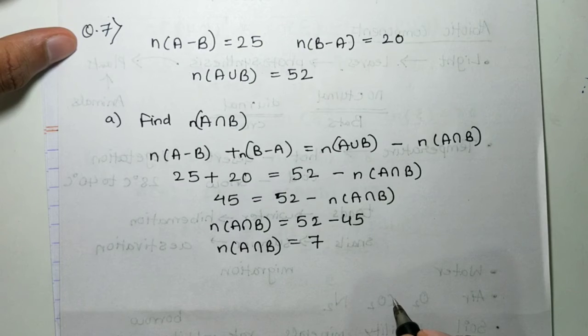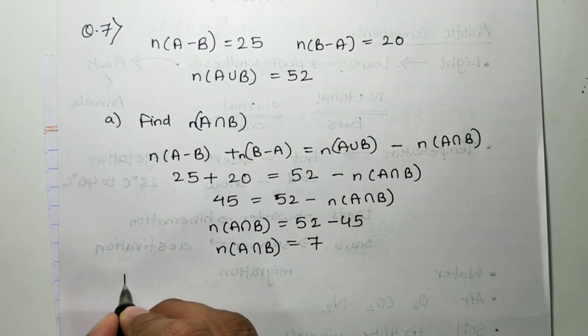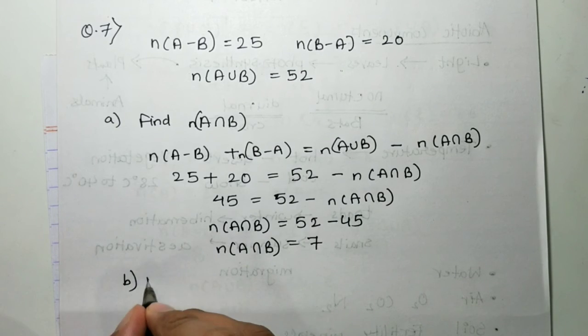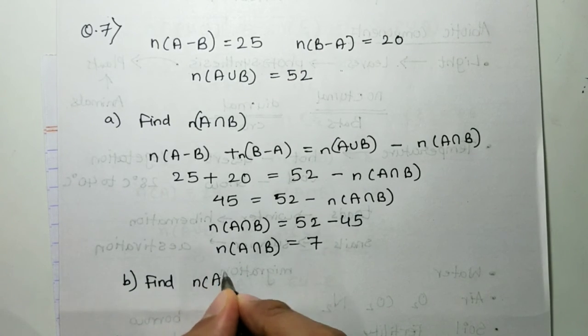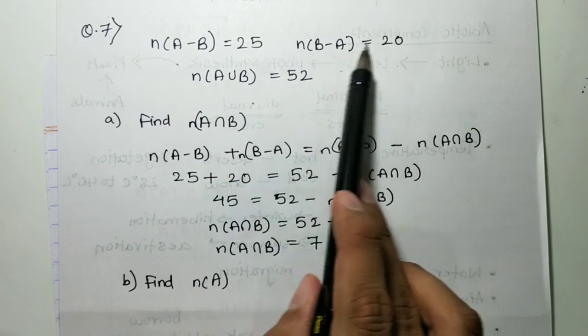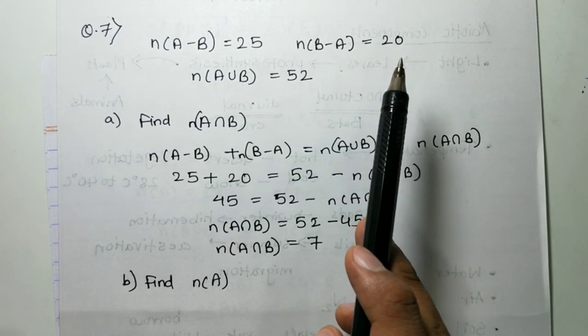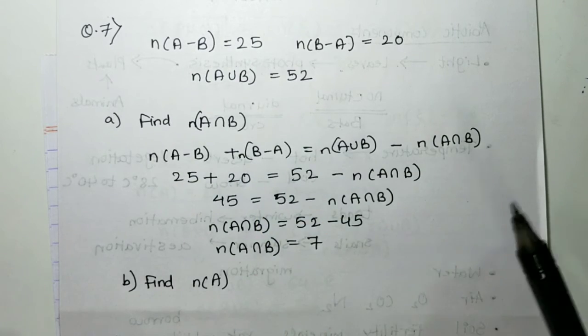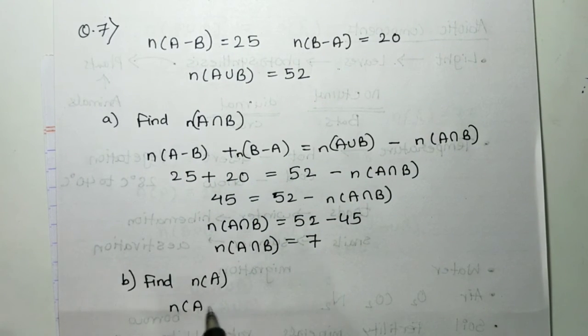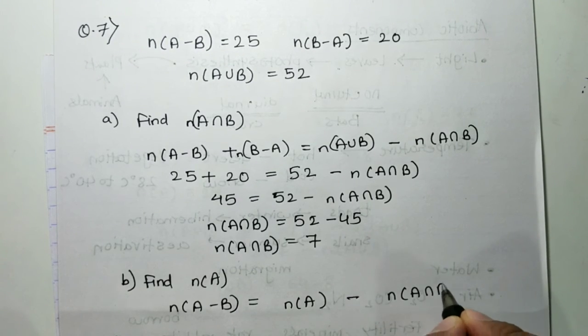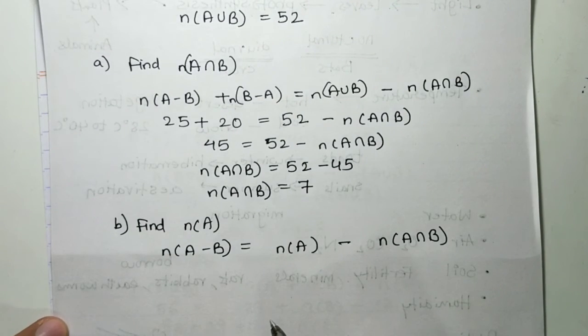We got the first part. In the second part, we have to find A. Now, using this, I can use the first information, A minus B. Use the formula of A minus B. What is A minus B? A minus B is A minus A intersection B. What is A minus B?